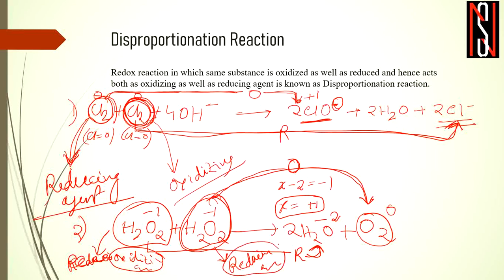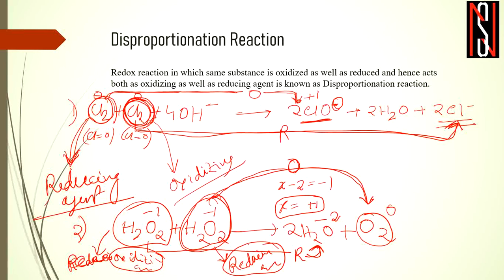Okay, so the substance is the same, that is only H2O2, but one H2O2 is acting as an oxidizing agent and another H2O2 is acting as a reducing agent. One H2O2 is being oxidized to O2 while another H2O2 is being reduced to H2O. So the substance would be similar.